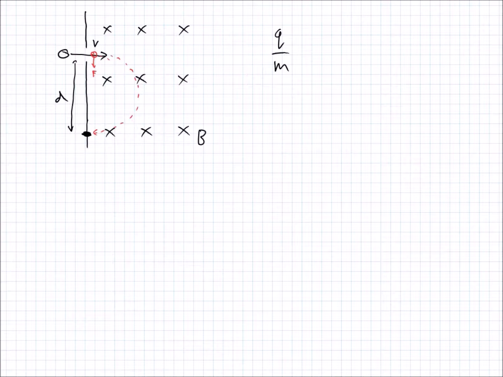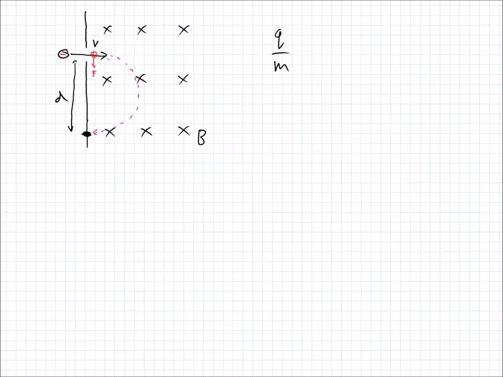The magnetic field is pointing into the screen. If this was a positive particle, the force would be up in this red spot. So it must actually be a negative particle, because the force is doing the opposite of what the right-hand rule says. So this is a negative particle.